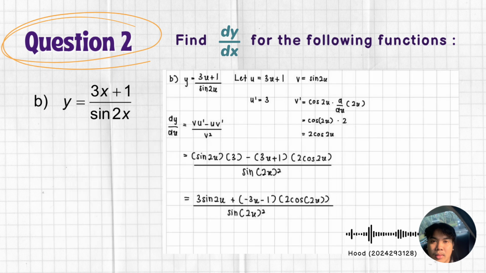So we move on to question 2, that is B. y equals (3x + 1) over sin 2x. So this is a different formula that we're going to use, that is the chain rule, but it's the same, you need to find u prime, v and v prime.